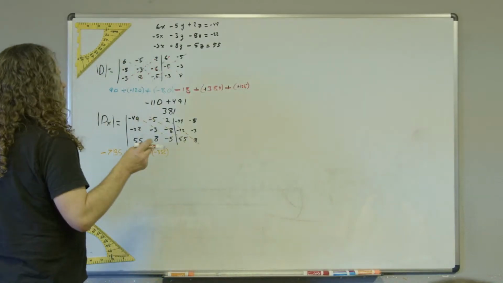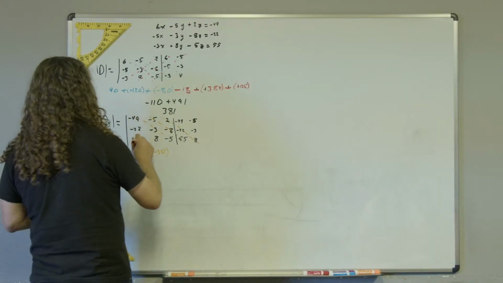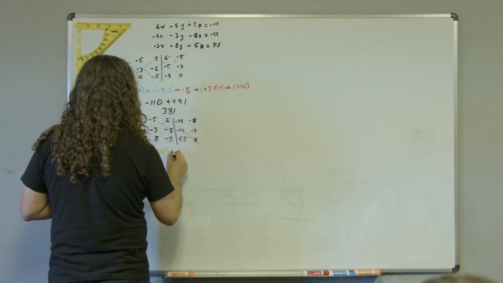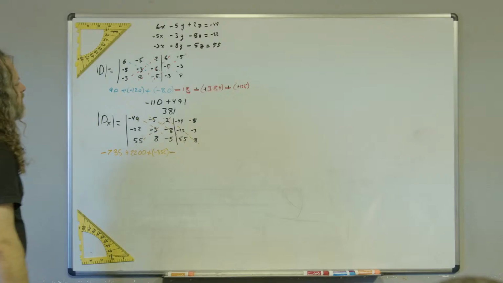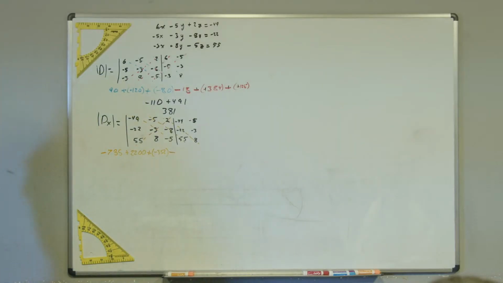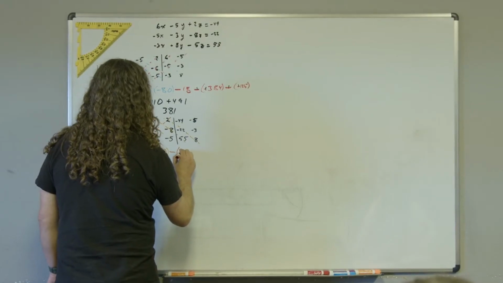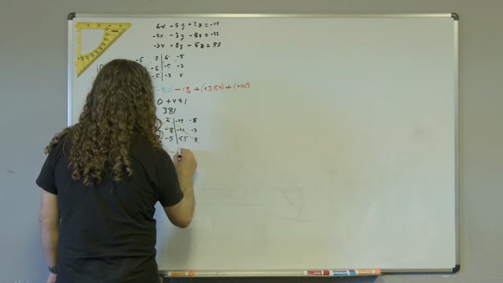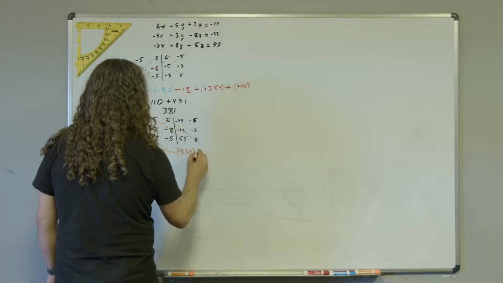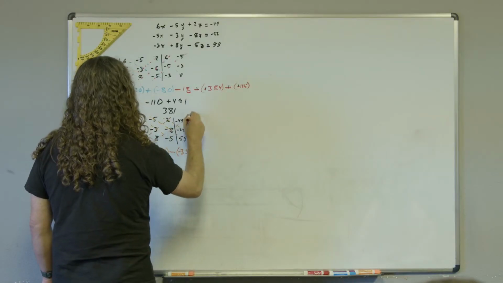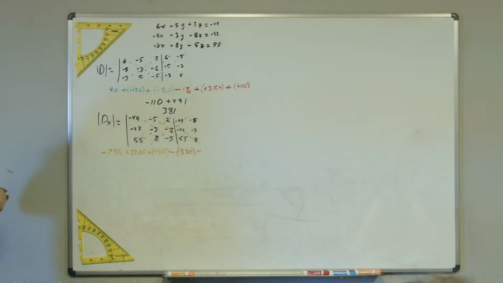And then the up diagonals we're subtracting, right? So minus 55 times negative 3 times 2. So negative 330. Minus 8 times negative 8 times negative 49. 3,000 what? 3,136.